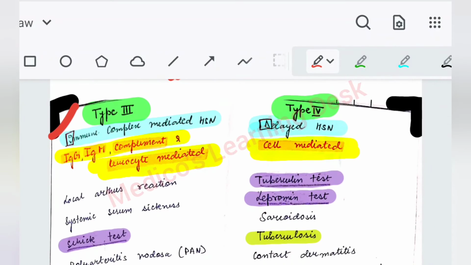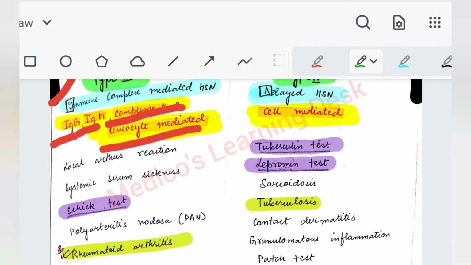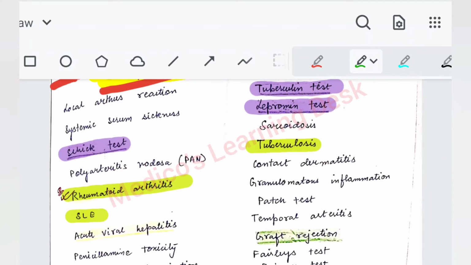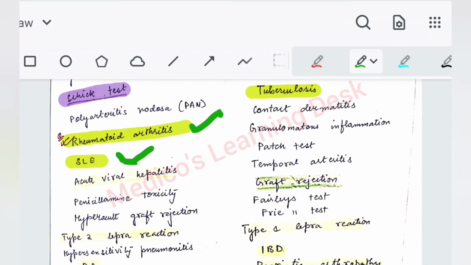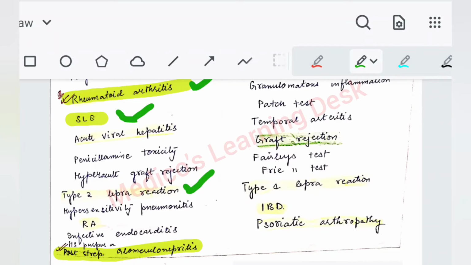So what all will be involved here? IgG, IgM, complement, and also leukocyte mediated. So let's see what are the diseases involved. Diseases will be rheumatoid arthritis, SLE, then lepra type 2 reaction, and also post-streptococcal glomerulonephritis.